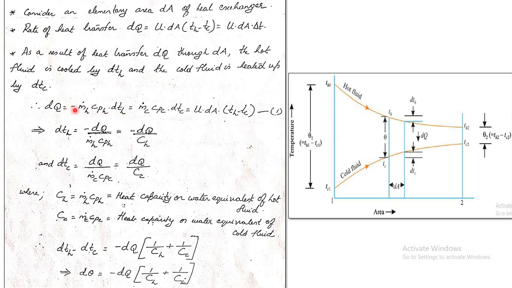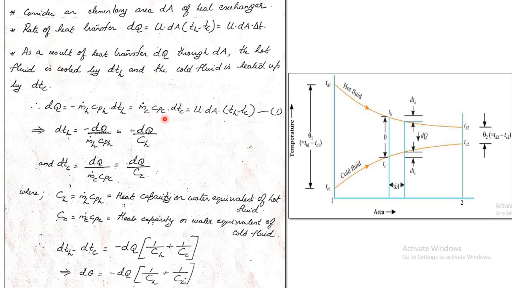Here this minus sign represents that it loses its heat. Energy loss or heat loss from a system is represented as negative. But in case of the cold fluid, the quantity is positive because the system gains heat.